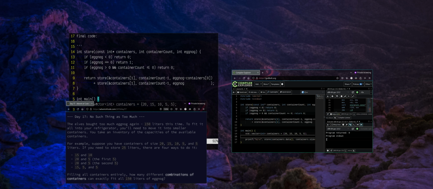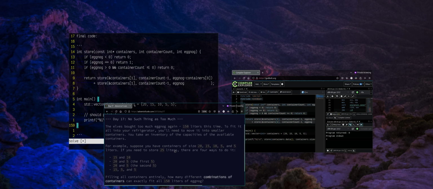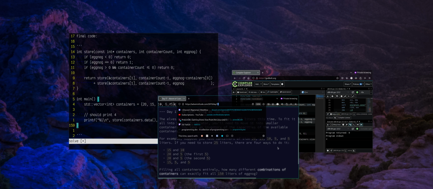And it does in fact return 4, as in the beginning, 1, 2, 3, and 4. And so this is the solution, I suppose, to Advent of Code Day 17.